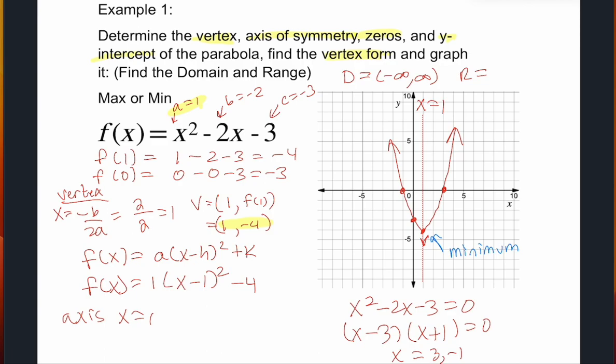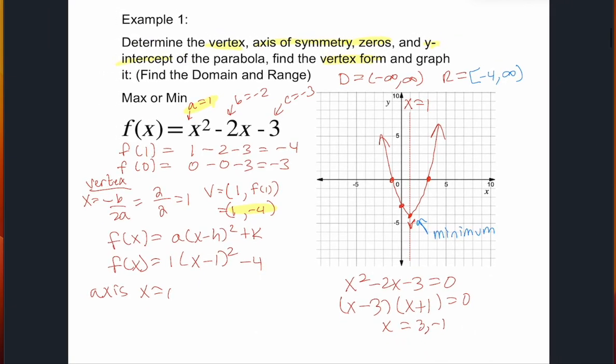It is actually an absolute minimum of our parabola. So that affects our range. If it's a minimum or a maximum, it affects our range. So our range will be negative 4 to infinity. Do we have any questions about that example? So that's everything we possibly could really mention about a parabola.